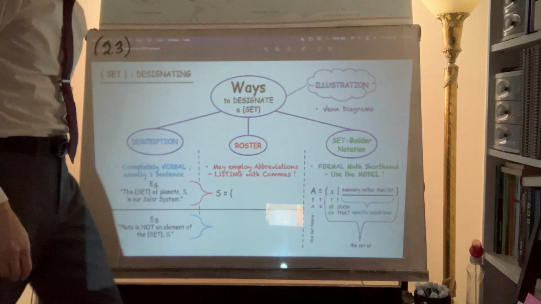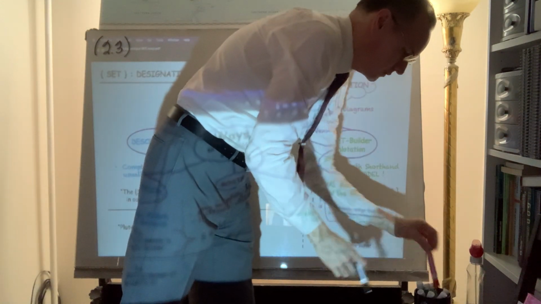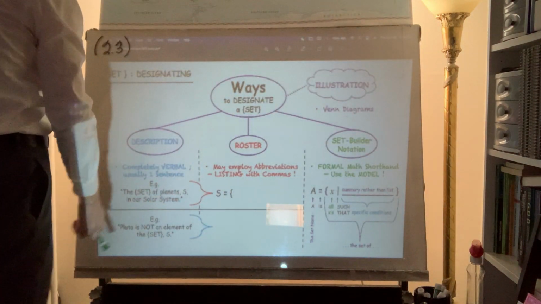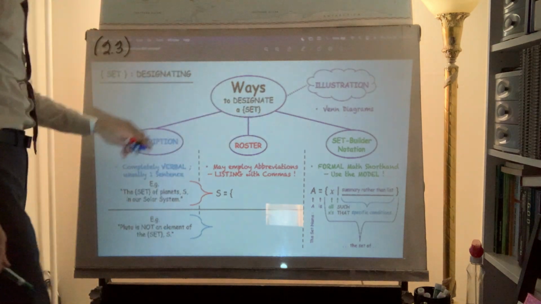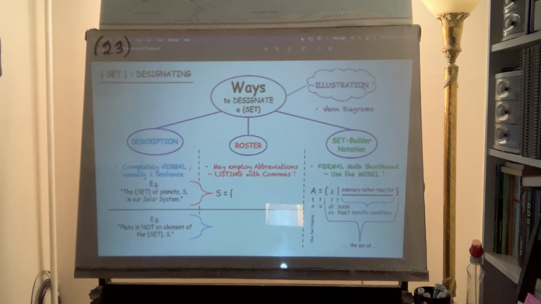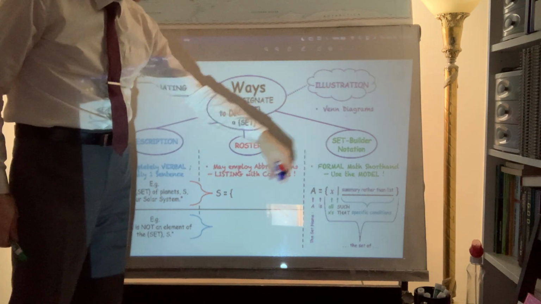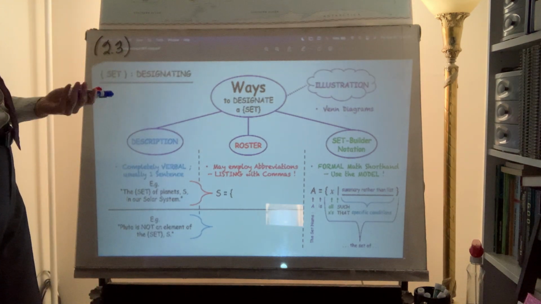And at the time, what was relevant was really just these three. You can designate a set by describing it, that is, form a sentence about it. You could list the actual items, the elements of the set. Or you could use the ultra fancy set builder notation.